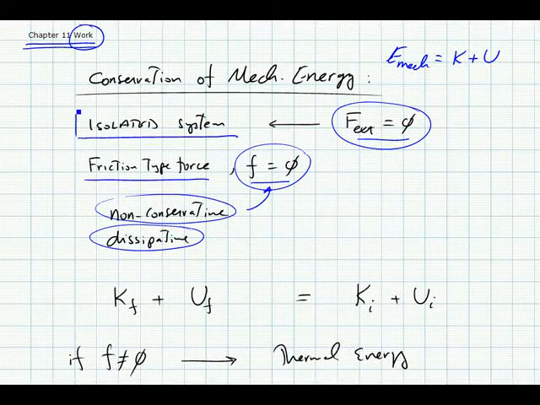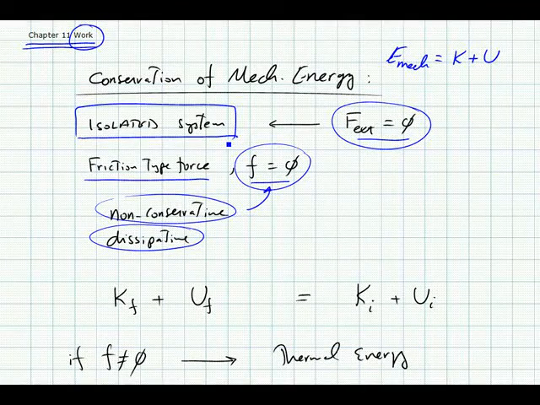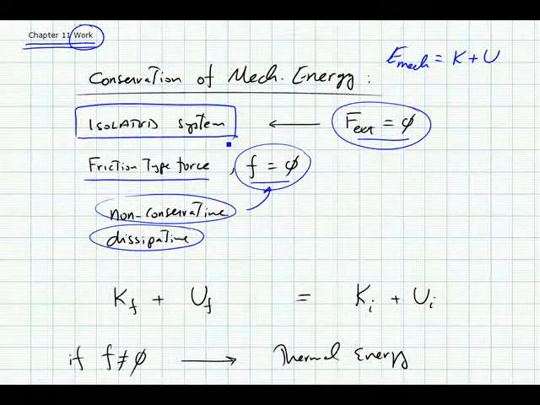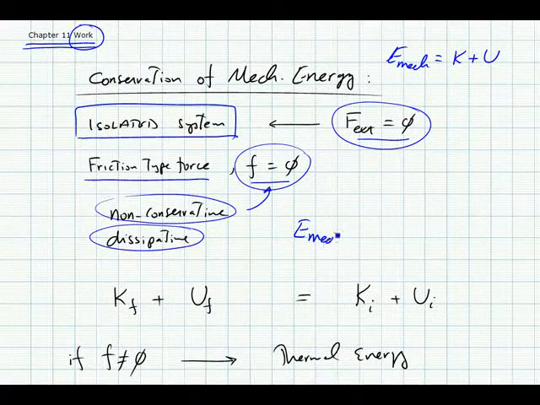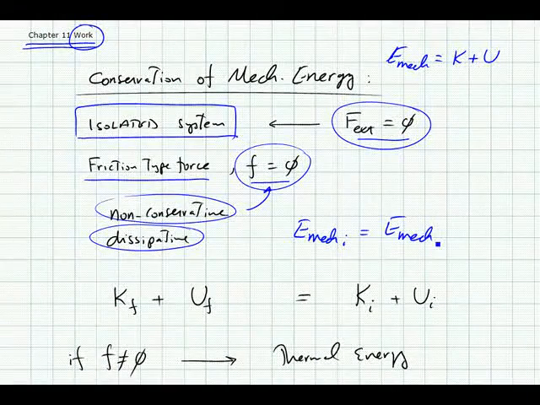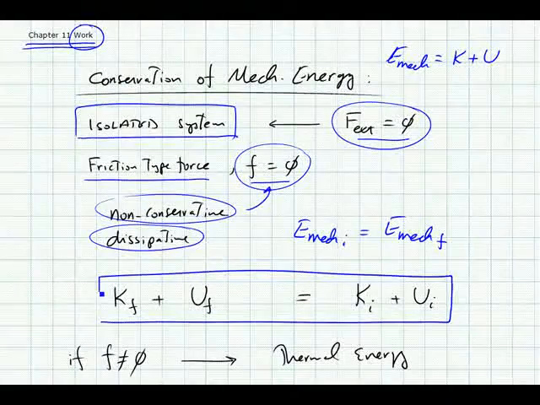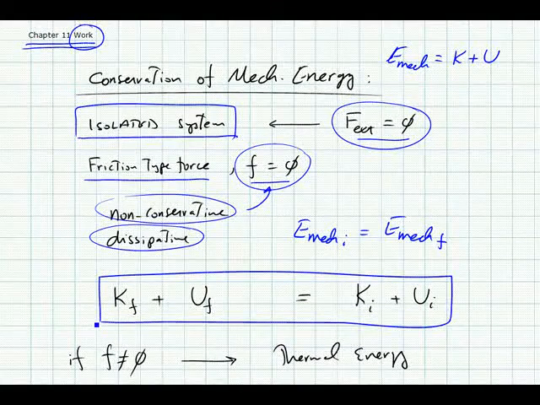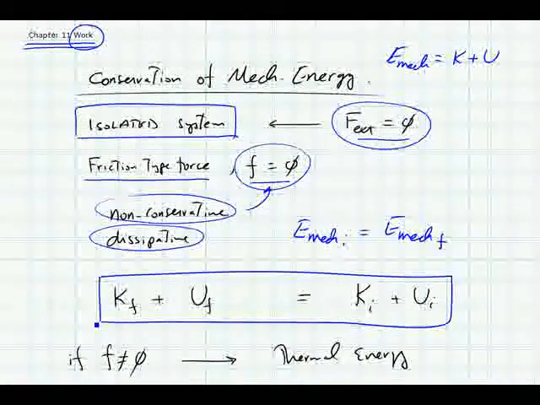So if we have an isolated system, then we showed that mechanical energy is conserved, that is mechanical energy initial is equal to mechanical energy final, or the sum of the kinetic energy and potential energies before and after are equal.